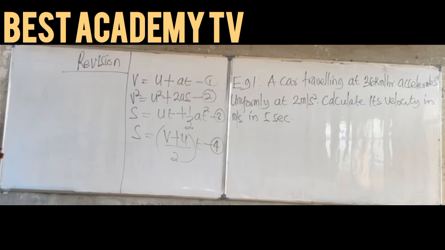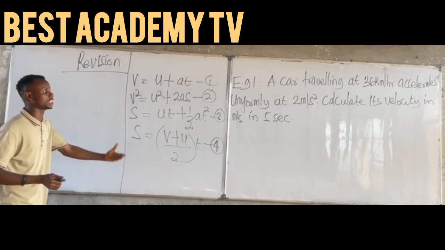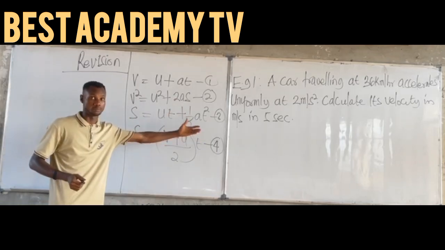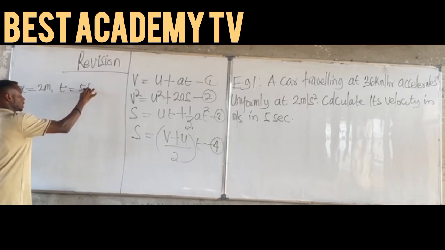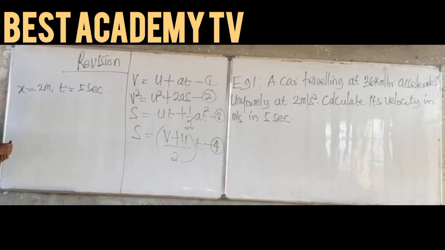We use equations of motion whenever 3 or more parameters are given to us in motion. But if maybe distance is given to me in meters and time is given to me as 5 seconds, and I'm asked to find velocity, what I will use here is the formulas relating to motion.